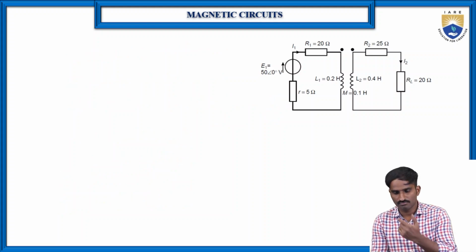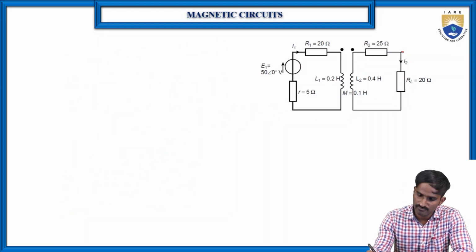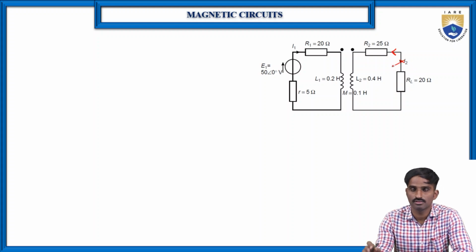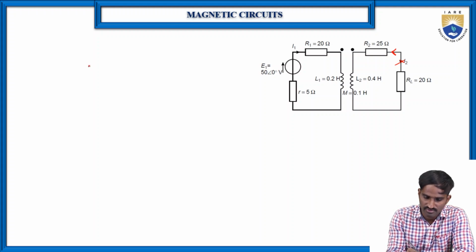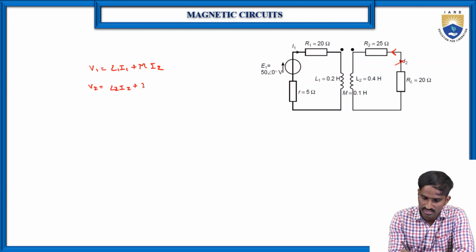And another thing here: suppose the same way, if the current in this case is in this direction instead of this, then what would the equations be? The same, just the plus. So V1 is equal to L into I1 plus M into I2, and similarly V2 is equal to L2 into I2 plus M into I1.